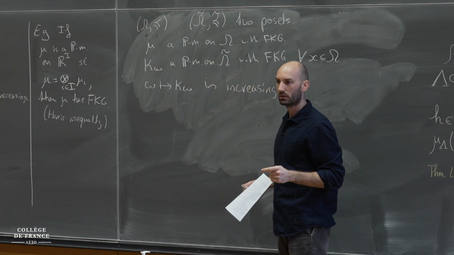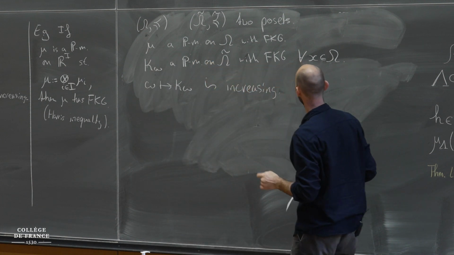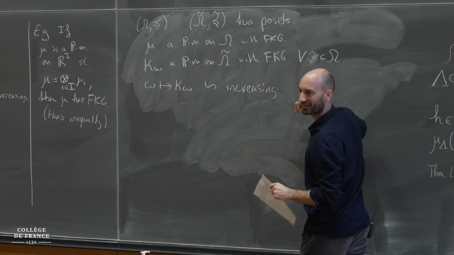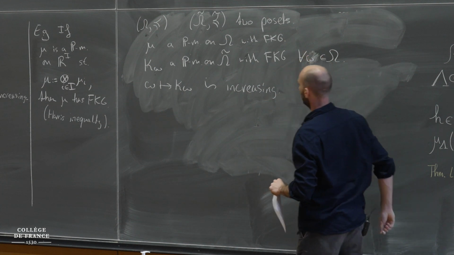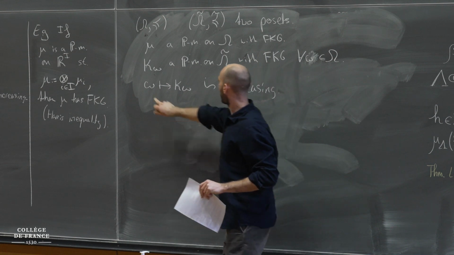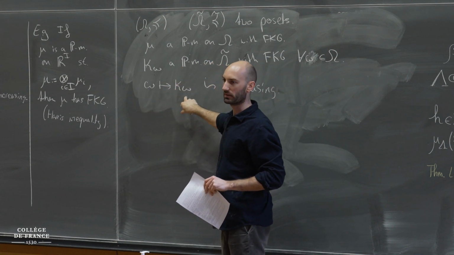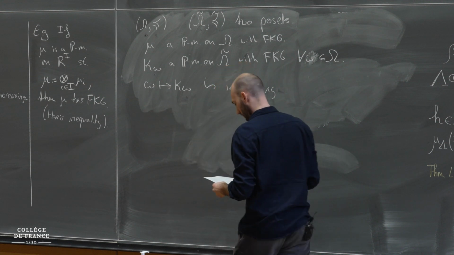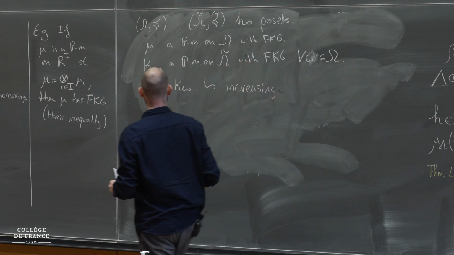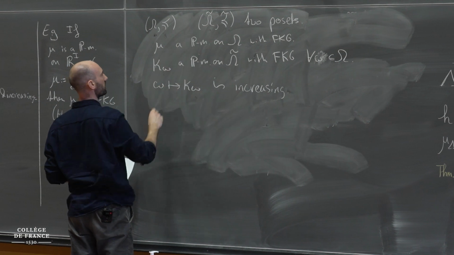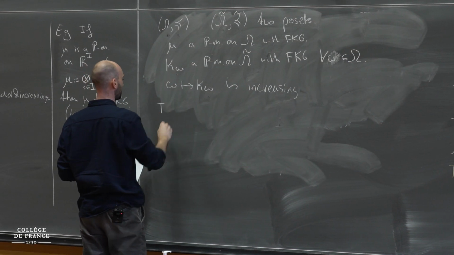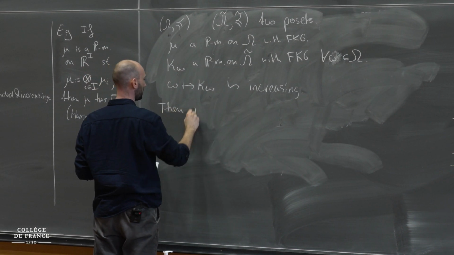Sorry, is x omega there for all x? Yes, thank you. So here we have the partial ordering in this set, and here we just have the partial ordering which comes from stochastic domination. So if we have this, then the resulting measure on omega tilde has FKG, right?